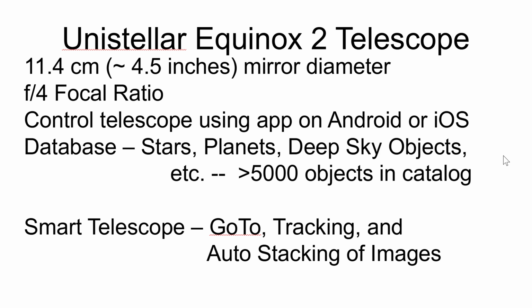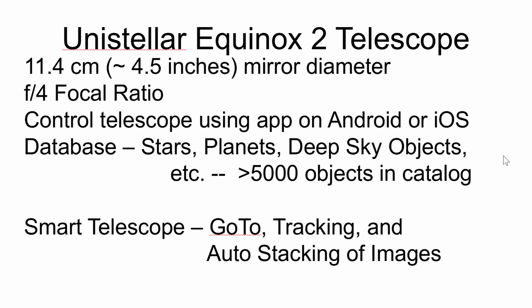It has a built-in database of stars, planets, and galaxies, nebulae, star clusters, etc. And reported on their website, there are over 5,000 objects in the catalog. It is easy to use to control the telescope and to go to a particular object you're interested in.